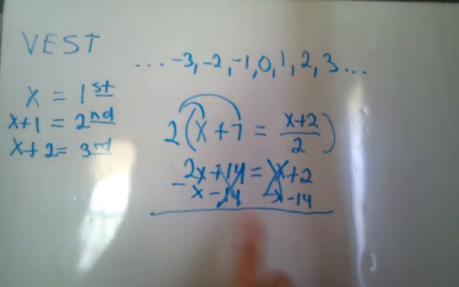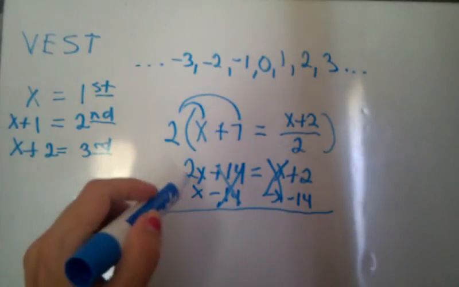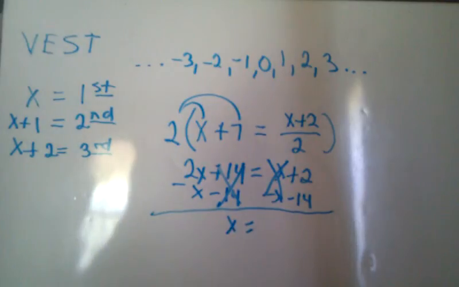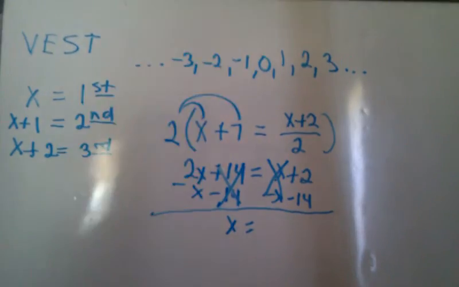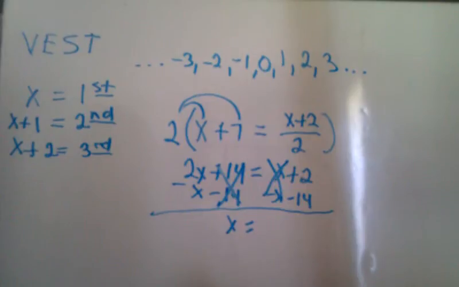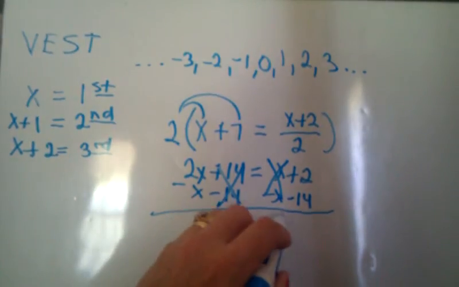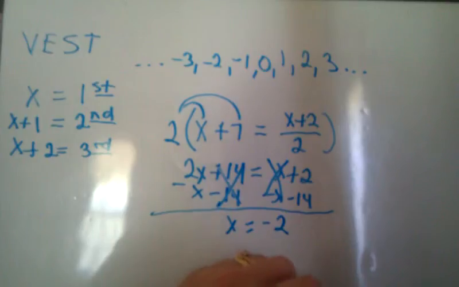Those cancel out. See, I have one thing canceled out on both sides. 2x minus x is x. I'm adding, my signs are different, so I have to subtract and use the sign of the larger number. The larger number is 14, so my answer is going to be negative 2.